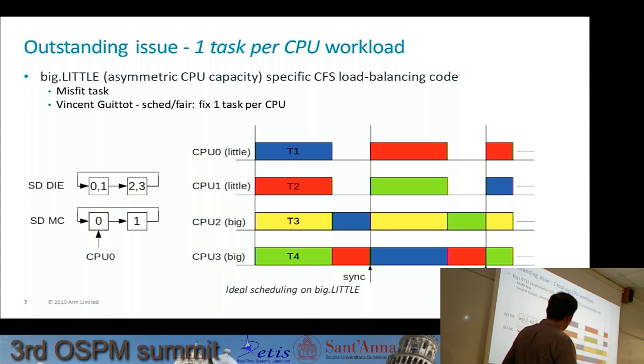And obviously, as we talked about before, on the big CPUs the tasks finish earlier. The current code, the misfit and also the work Vincent told us about, wants to make sure that the big CPUs immediately help out the little CPUs, so the tasks can finish earlier than they would have on the little CPU.